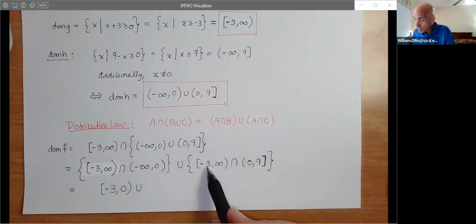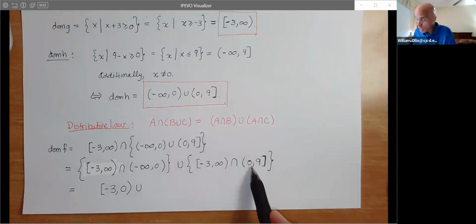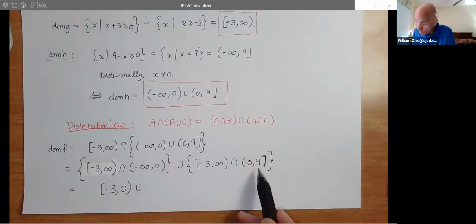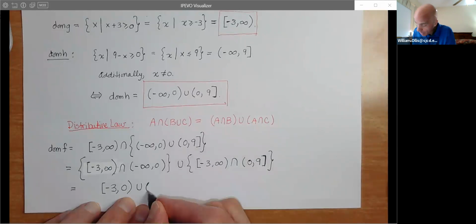Notice this has some negative numbers. This starts at 0, so it has no negative numbers. So this will give us 0 to 9. So this basically, this set here is contained in this set. It's the so-called contained set. So the intersection would just have to be that. So this will give us 0 to 9 bracket.